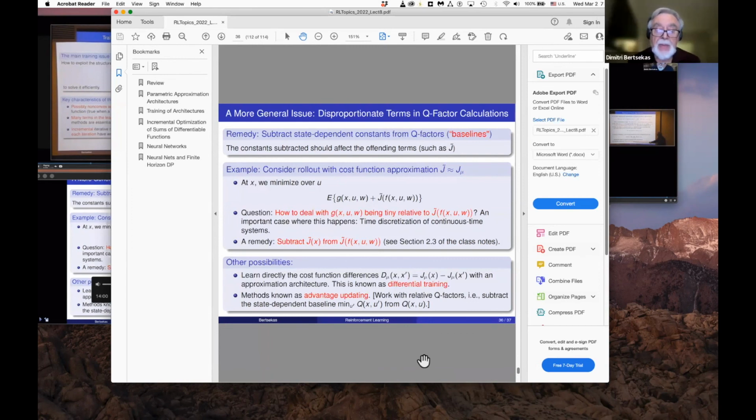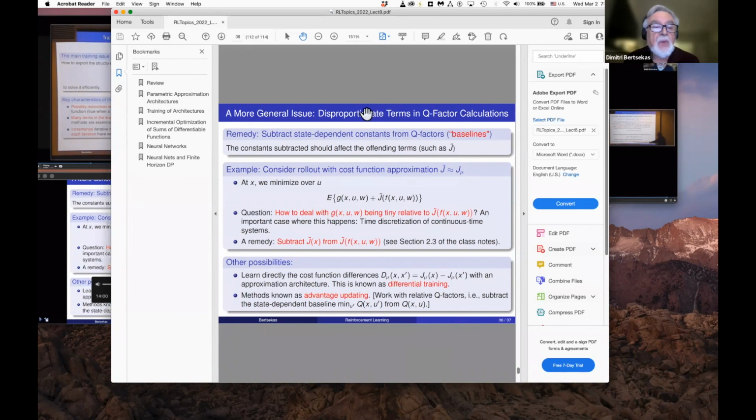Well, baselines arise in reinforcement learning in several different contexts. Advantage updating is very well known, goes back to the early 90s. It has been tried. It's generally considered advantageous, in fact, critically important in some applications. Typically, these applications involve disproportional terms in the Q factor calculations, like you see here.